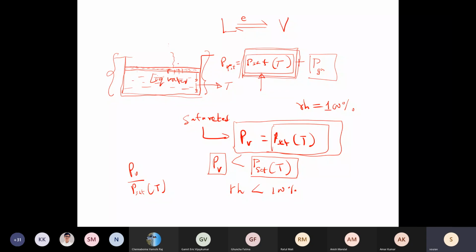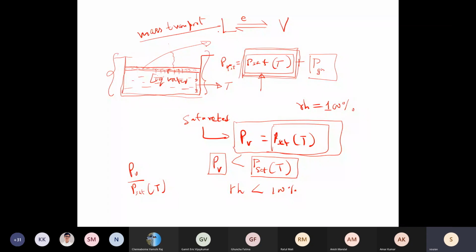So unless and until you have mass transport of this water vapor near your liquid column to far away from this, you will not be drawing in further vapor from this container. So for the evaporation to continue, you require mass transport.